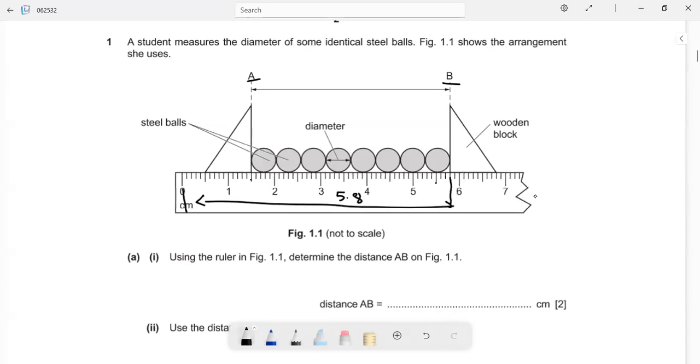And we will measure this distance also. This is actually 1.5 centimeter. So effectively, this distance will be 5.8 minus 1.5. That will be equal to 4.3 centimeter.